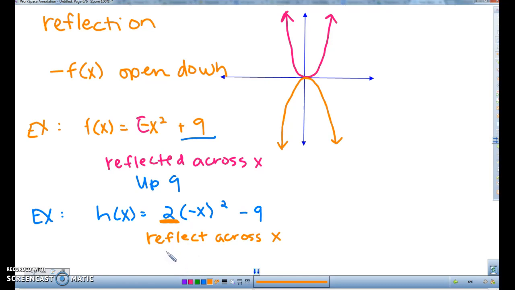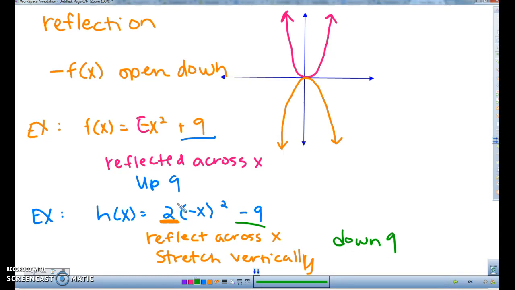So I need to know, does that make it stretch vertically or compress vertically? Good, it should stretch vertically. And then I also have that negative 9 hanging at the end. And of course, that moves it which way? Good, hopefully you picked down 9.